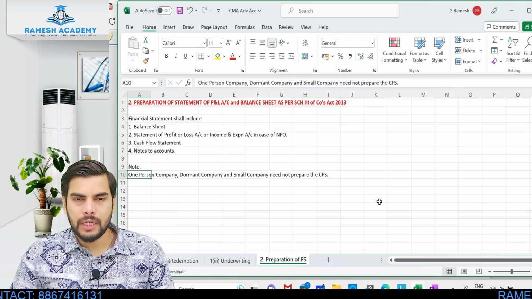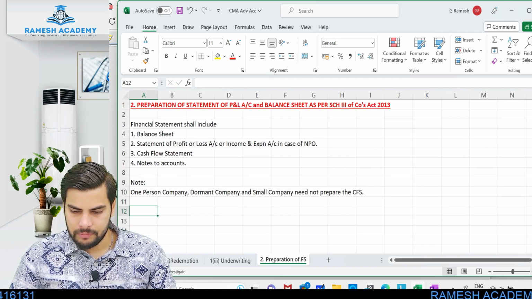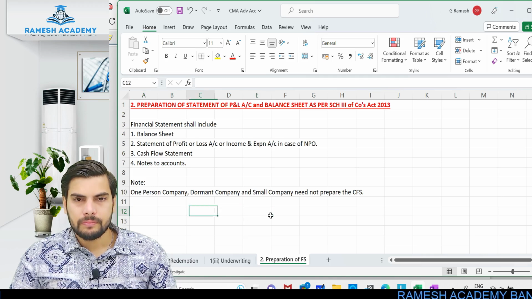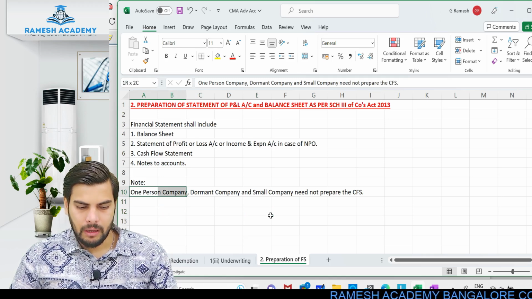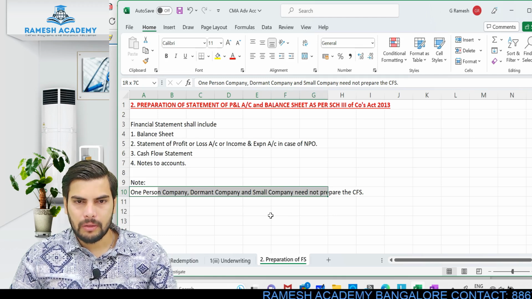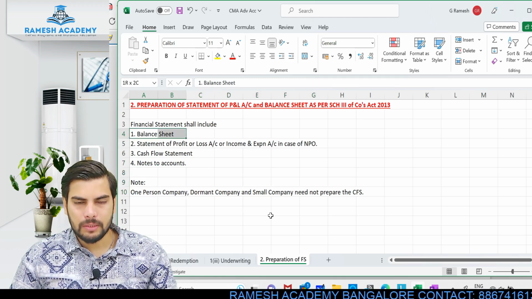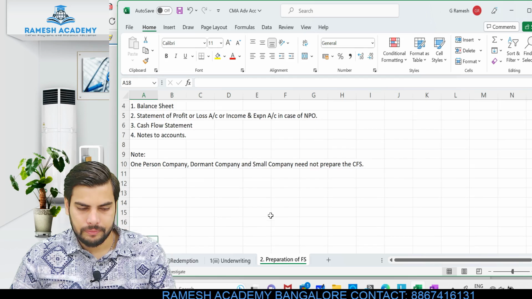Okay, so these type of company, they need not prepare this cash flow statement. Hope this is visible now. I've just increased the size. Yeah. So, one person company, dormant company and small company, they need not prepare the cash flow statement. So, if they just prepare the balance sheet, P&L account and notes to account, that would be more than sufficient.